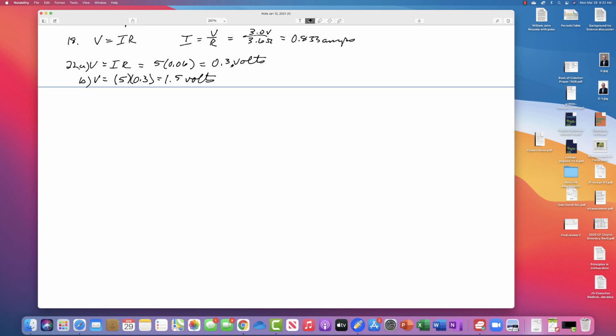Part C says, why is the voltage to whatever appliance is being used reduced by this amount? Okay, the voltage is reduced because the resistance is increased. It takes more energy to pass an electron through a cord if there's more resistance. Think of it like a garden hose.